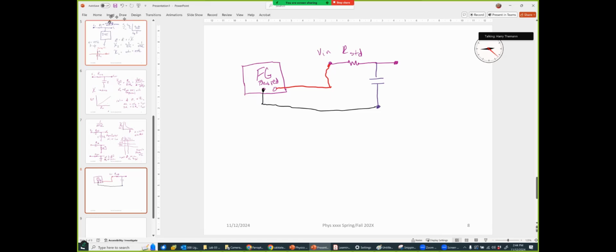Now, we're going to use our oscilloscope, channel 1 and channel 2.